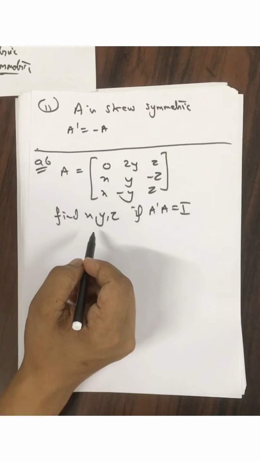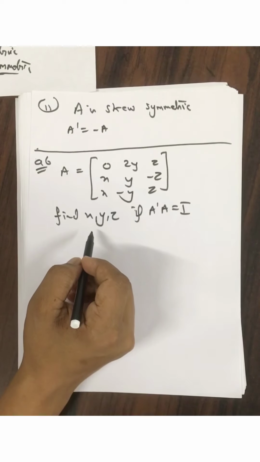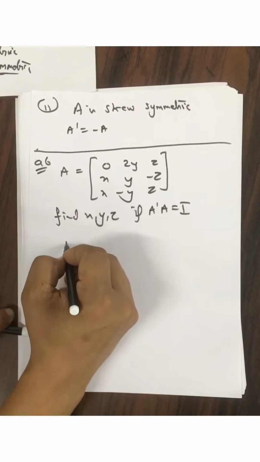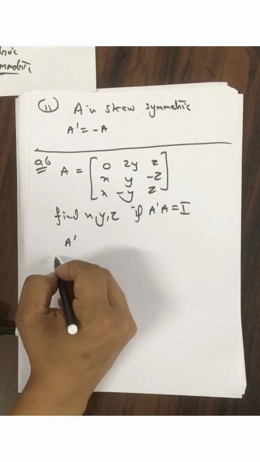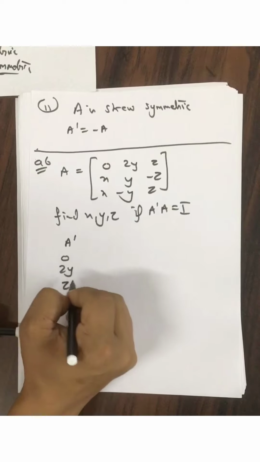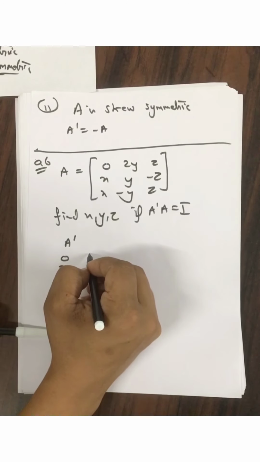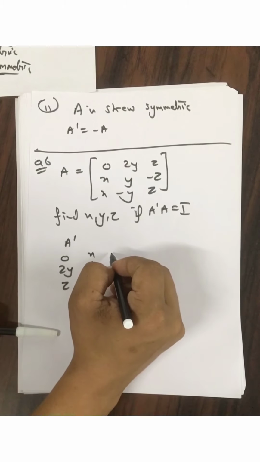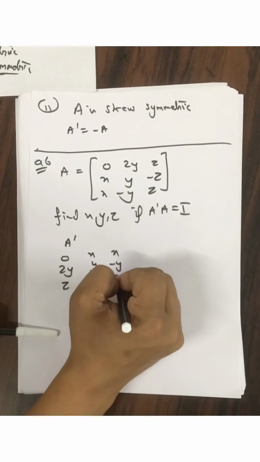First you find A dash, then you multiply. So let's do A dash. What is A dash? This, 0, x, x; 2y, y, minus y; z, minus z, z.